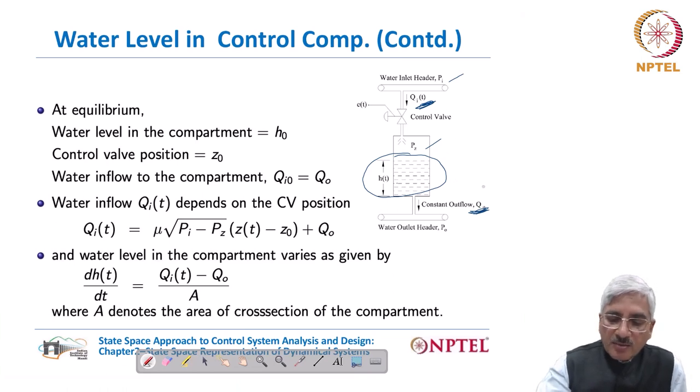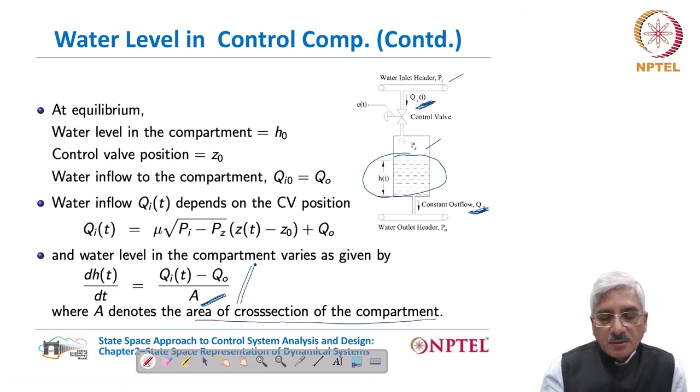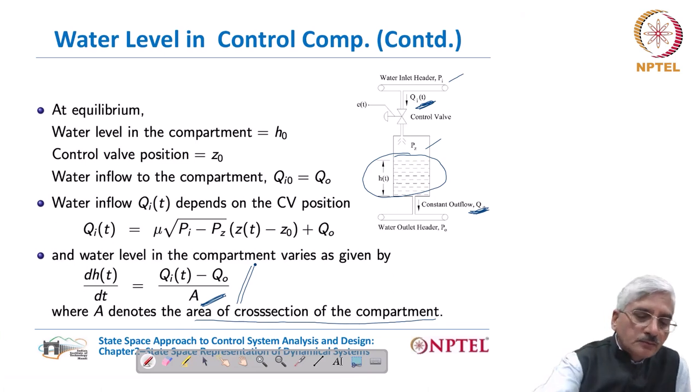Accumulation will be Qi minus Qo cubic meters per second. And that divided by area of cross section will give the rate of change of liquid level in the compartment. So dH by dt is essentially (Qi(t) minus Qo) divided by A, and A is the area of cross section of the zone control compartment.